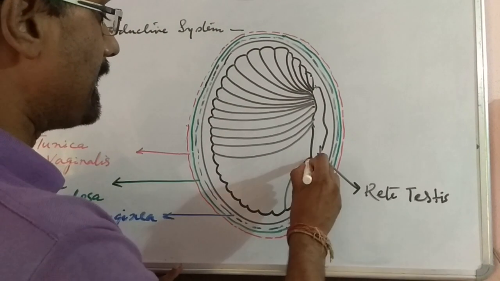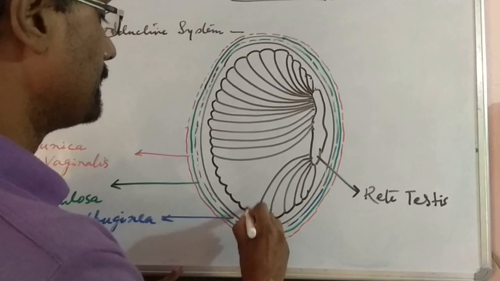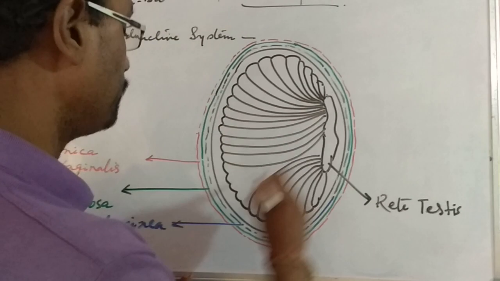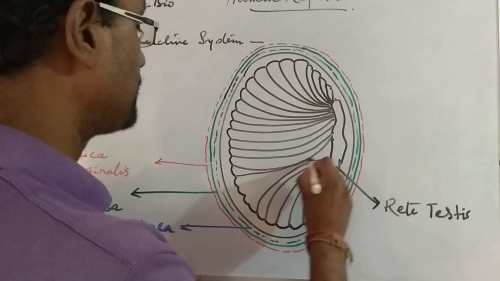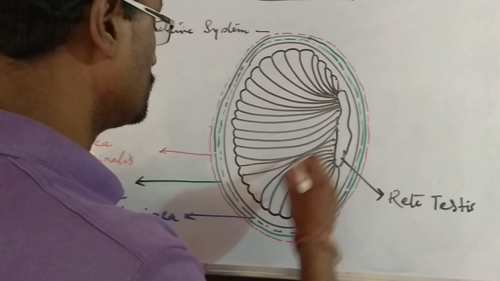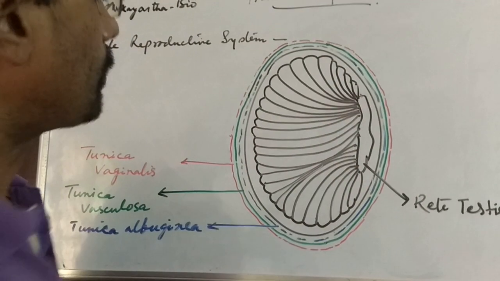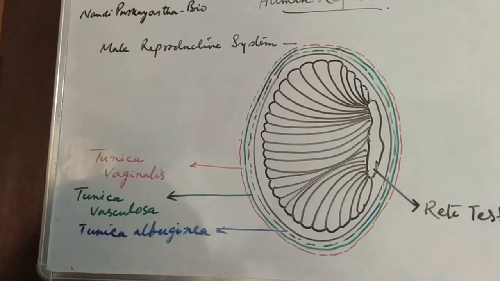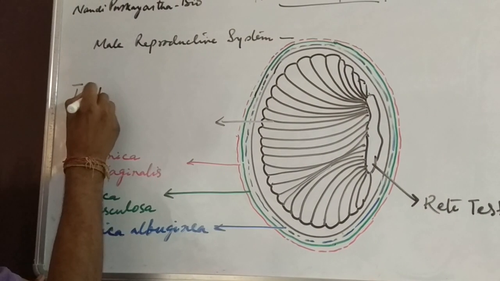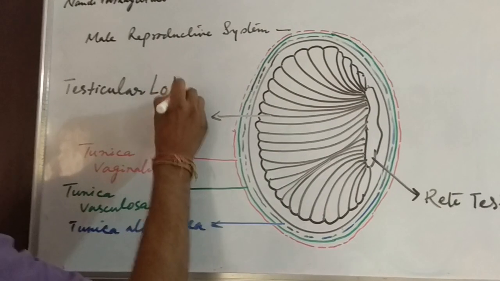So these are the compartments we find when the testes are cut. These are called what? Testicular lobules.